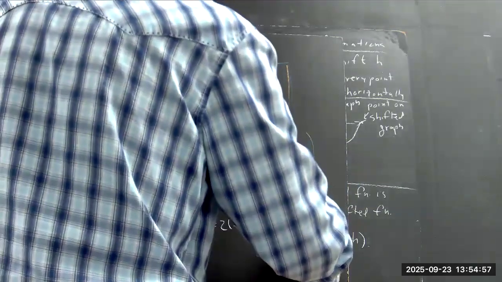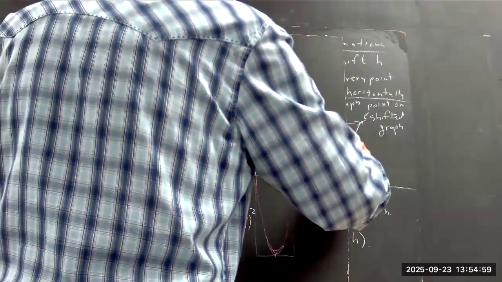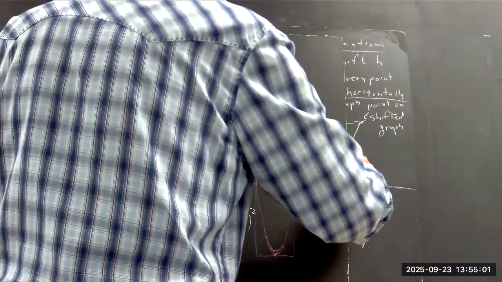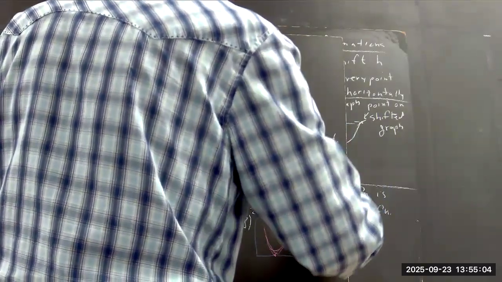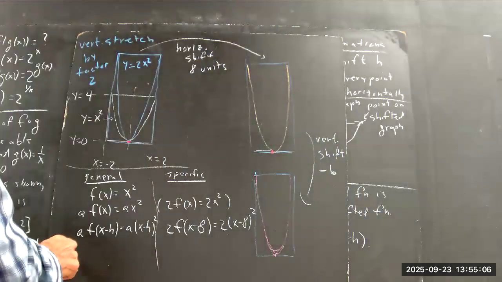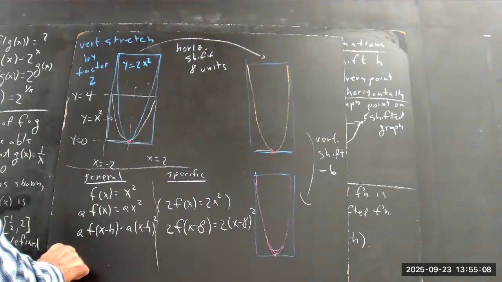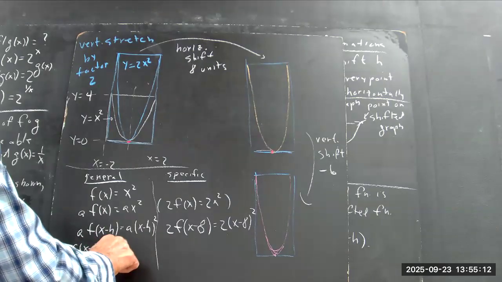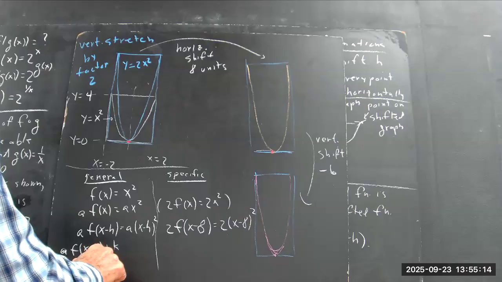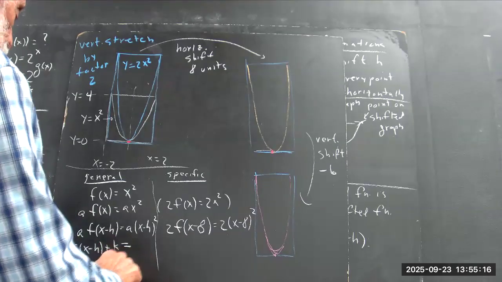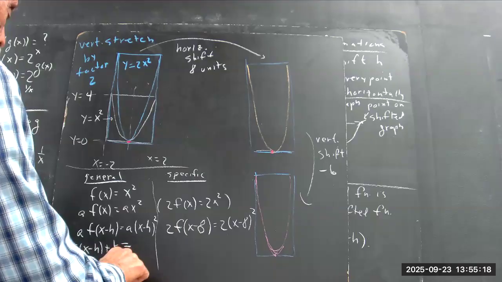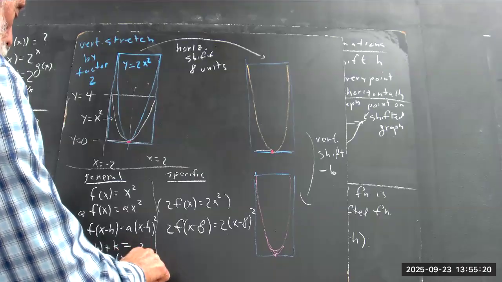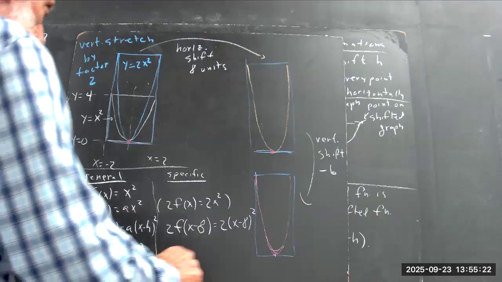Anyhow, for 6, you're going to get a f of x minus h plus k equals a times x minus h squared plus k.